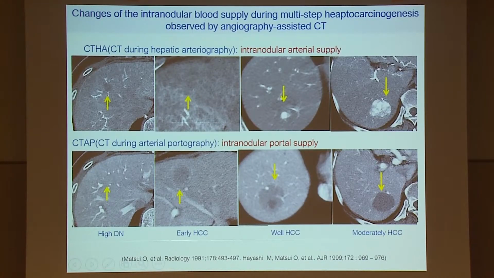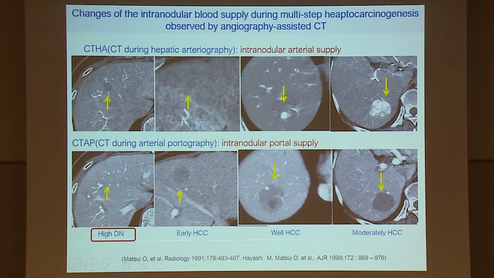So I will show you the typical blood supply patterns of hepatocellular nodules. The typical pattern of a high-grade dysplastic nodule is, you can see on CTHA, this nodule shows hypodensity. This means that internodular arterial supply is decreased compared to the surrounding liver.